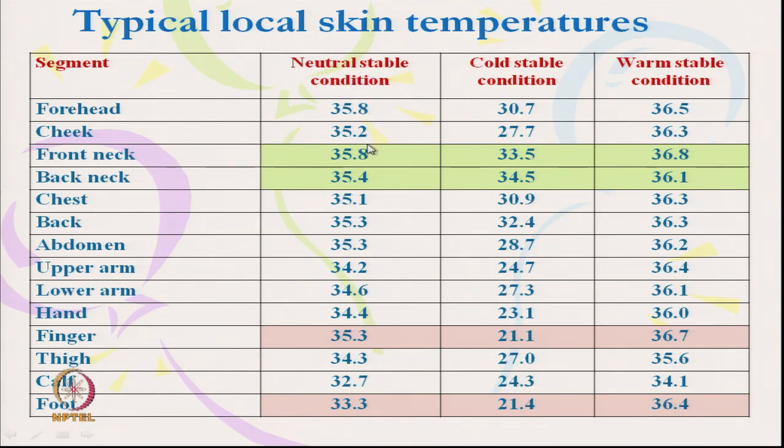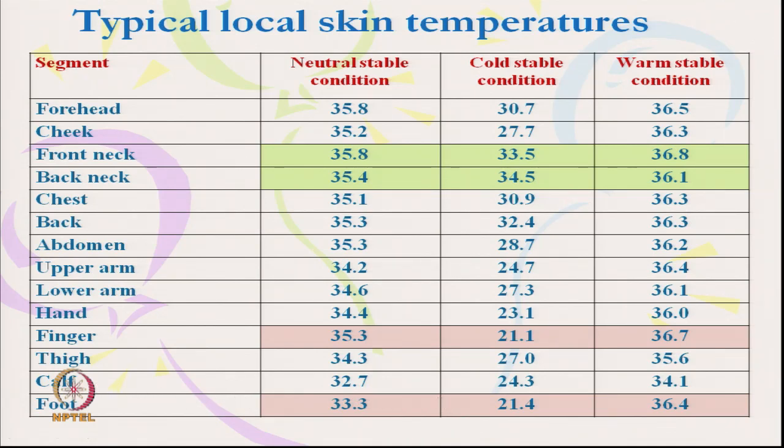At neutral condition it is around 34-35 degrees Celsius at the forehead and so on. So, we see at normal, neutral stable condition, the range of temperature is not that high. It is a maximum of around 35.8 at the forehead, and 32.7 in the cuff zone. So, that is the temperature difference.